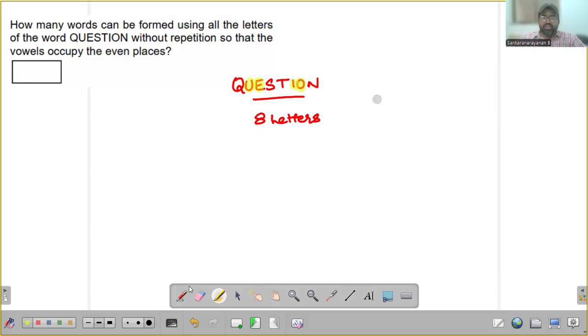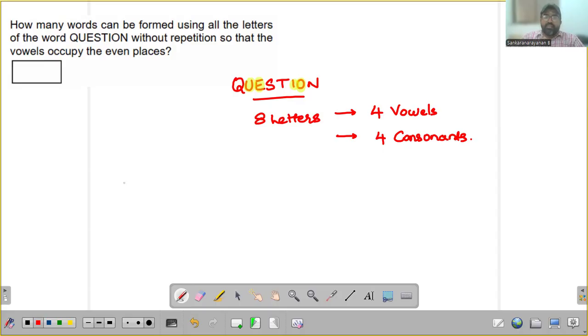So there are altogether 4 vowels, and the remaining 4 are consonants. So I have understood that this word has 8 letters, 4 vowels and 4 consonants.